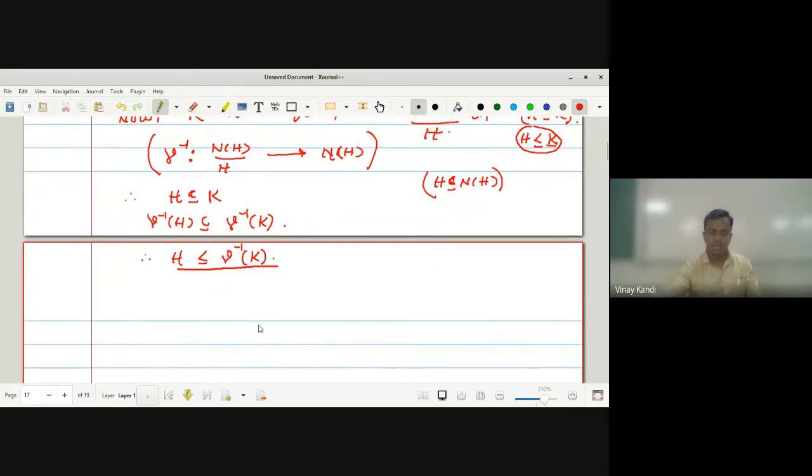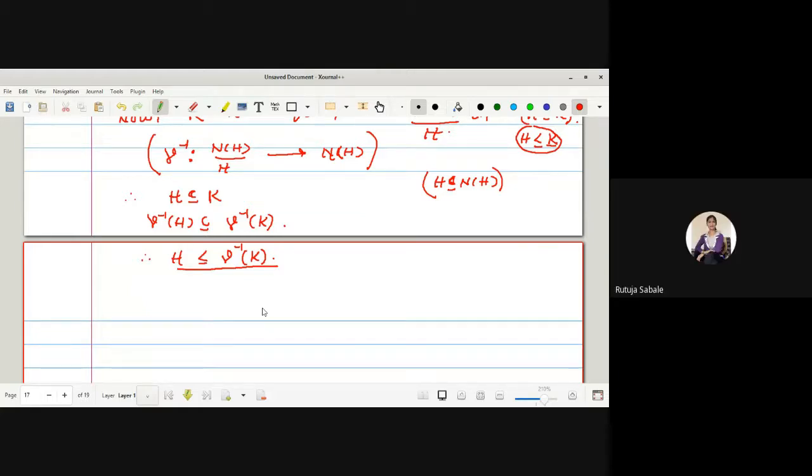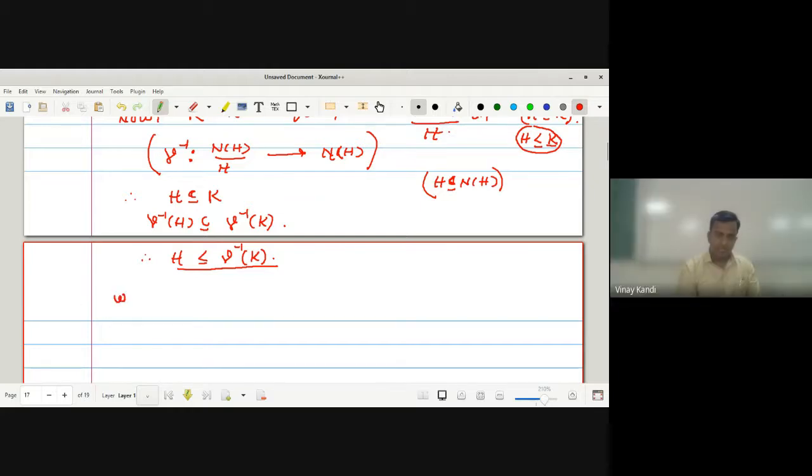Okay, any doubt up to here? No, sir. Look at here, gamma inverse of K is nothing but the set of X belonging to N of H such that gamma of X is equal to capital K. Any doubt?